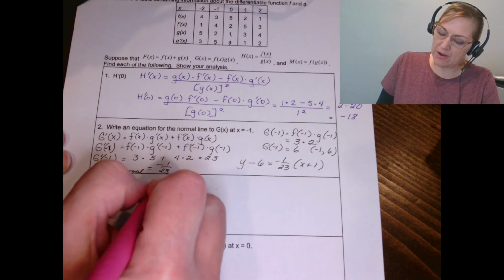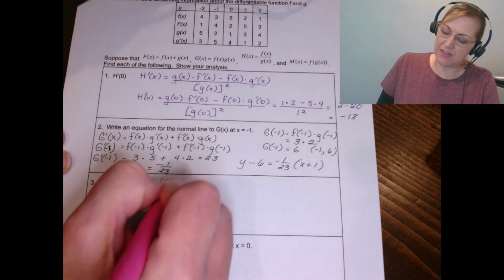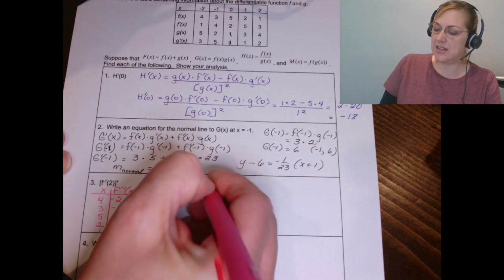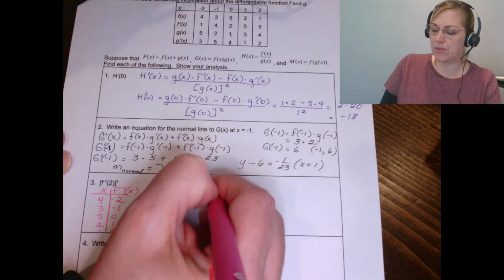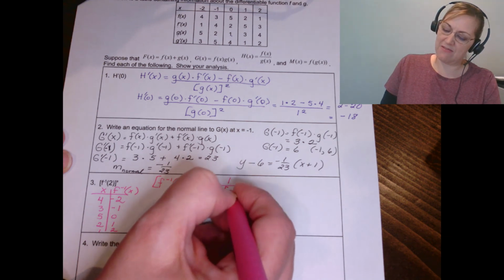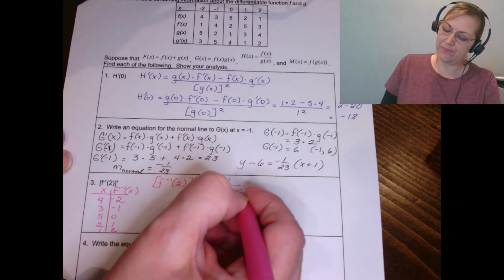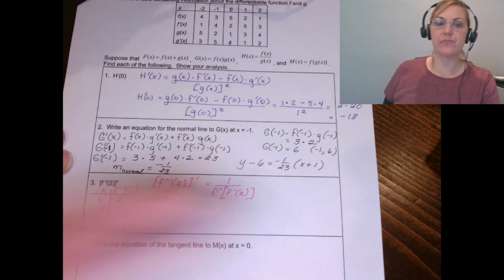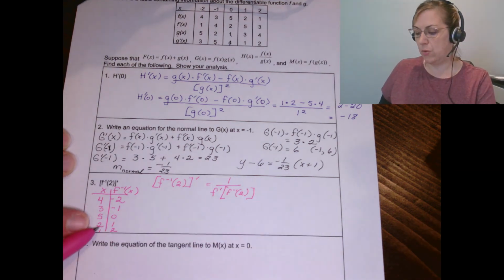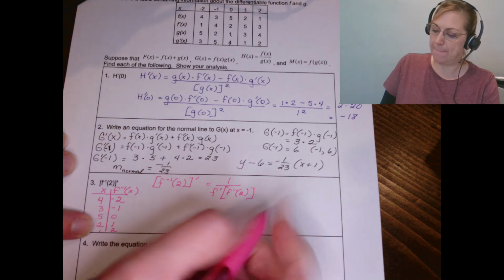So we know by rule the derivative of the inverse at 2 is 1 over the derivative of the function at the inverse of 2. So go to your inverse chart. When x is 2, we get 1.